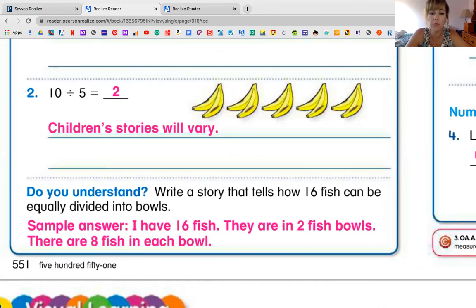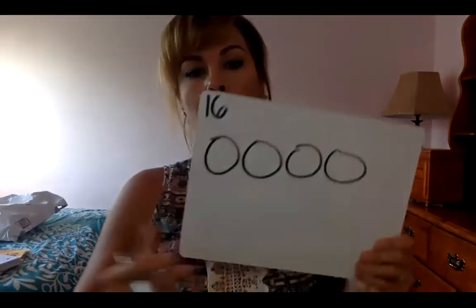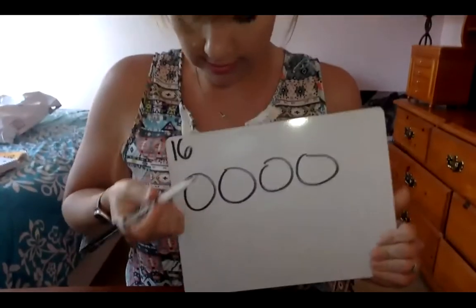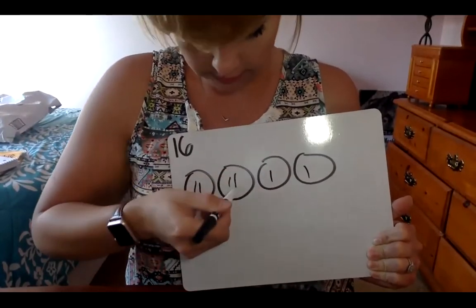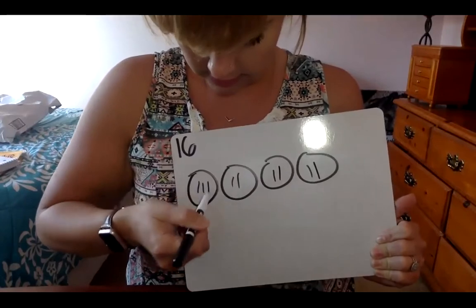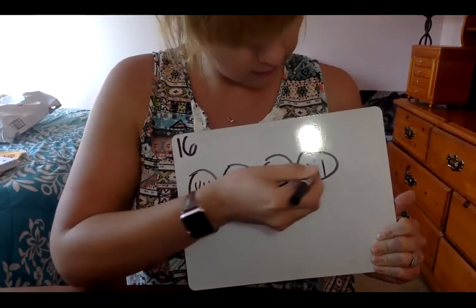Another one you could have done was divide it up evenly. The number I'm working with is 16. So I have 16 fish. There are 4 bowls. Okay, let's divide them up. This bowl gets 1, 2, 3, 4, 5, 6, 7, 8, 9, 10, 11, 12, 13, 14, 15, 16.